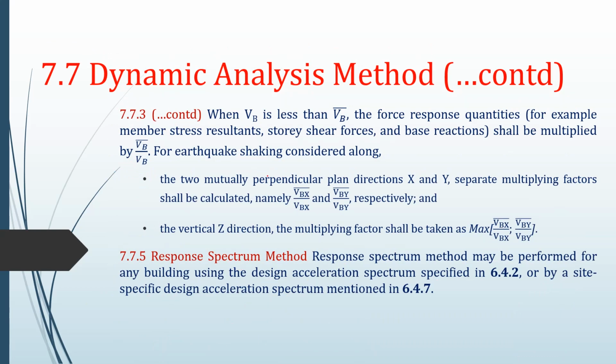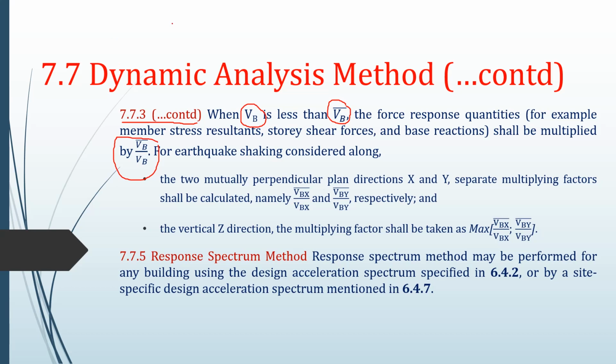So what do we do if our base shear from the dynamic method is less than that from the linear static method? In clause 7.7.3, it says that when the base shear calculated from the dynamic method is less than the base shear calculated from the linear static method, the force response quantities shall be multiplied by a factor, and this factor will be VB bar by VB.